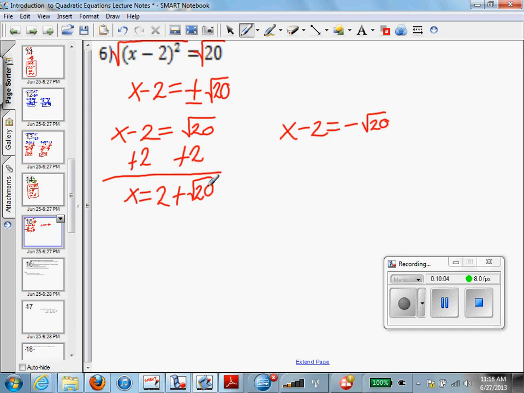Now there's only one more piece that you can do to this problem, and that is to think about simplifying 20. 20 can be thought of as the product of 4 and 5. And if you remember, 4 is a perfect square, so it can actually be brought out in front of the radical as 2, and you'll have to leave 5 inside the radical. So the final answer for this half can be x equals 2 plus 2 times the radical 5.